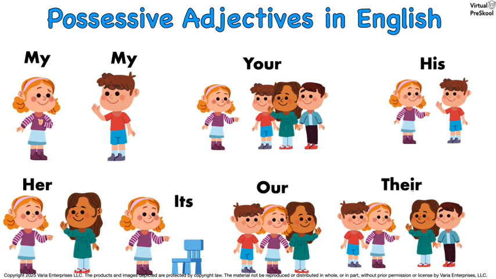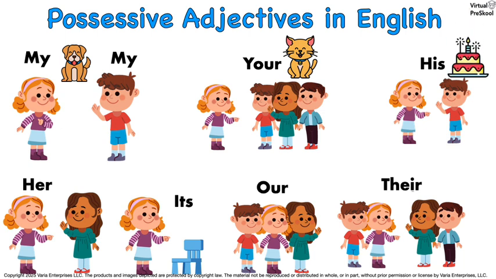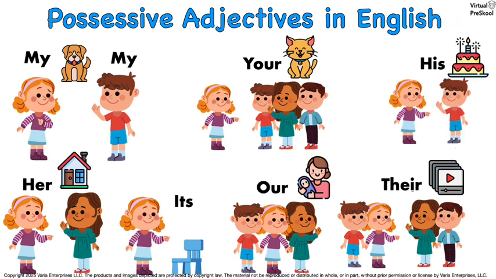These are possessive adjectives in English, and these are words you know well. My dog, your cat, his birthday cake, her house, our mom, their playlist. These words, my, your, his, her, its, our, their, these are words you know.